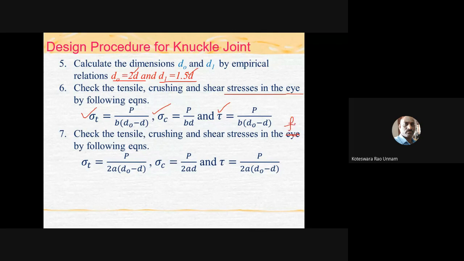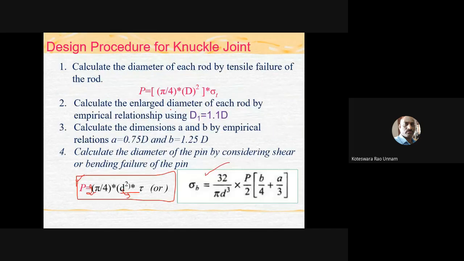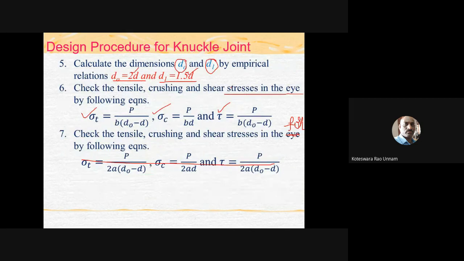If you calculate σ_t, σ_c and τ for the fork and the eye, and all these values are within the allowable limit, then you can say the dimensions chosen for the joint, that is d0, d1, a, c and d, are safe. So this is how you can design this knuckle joint.